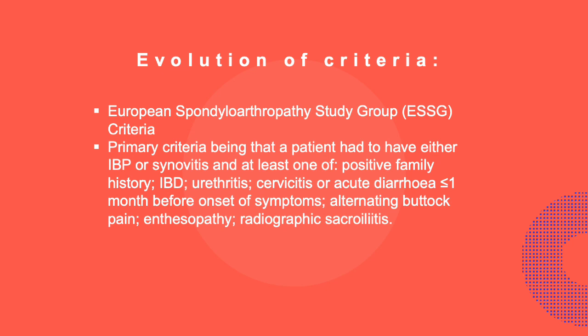The European Spondyloarthropathy Study Group developed a criteria called the ESSG criteria, which has an entry point and clinical parameters along with radiographic sacroiliitis. The imaging component of this criteria was similar to the modified New York criteria. MRI was not included for the diagnosis of spondyloarthropathy in these criteria.